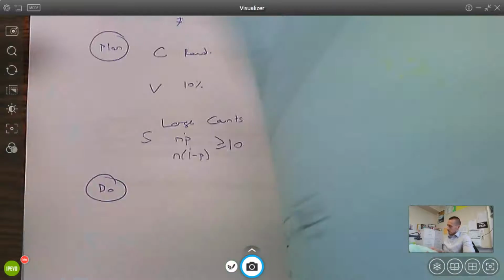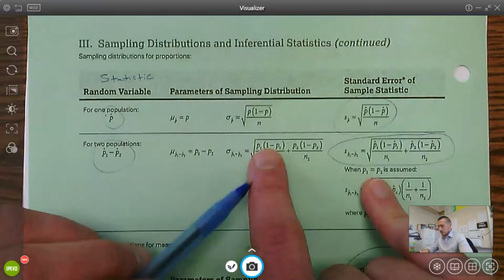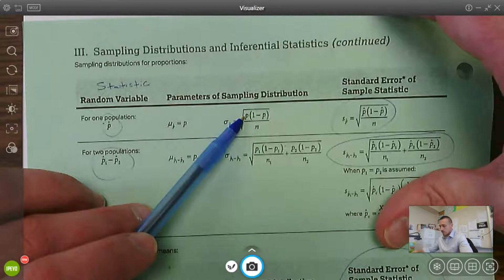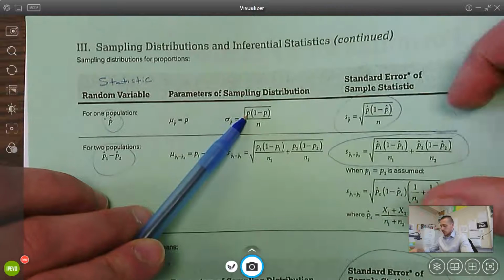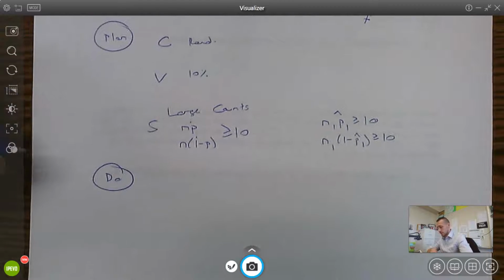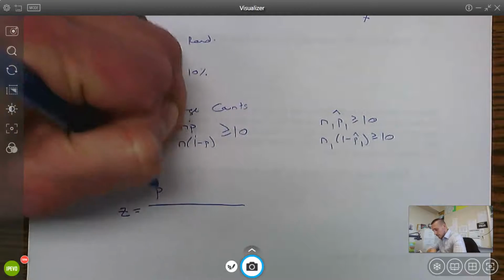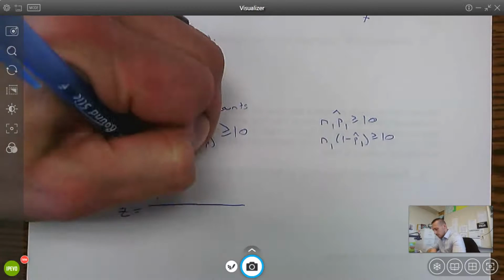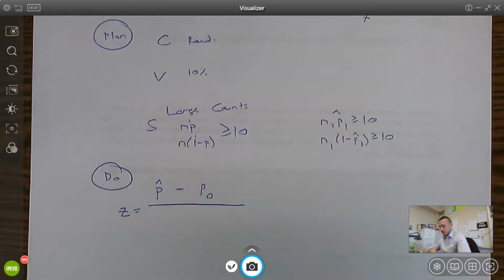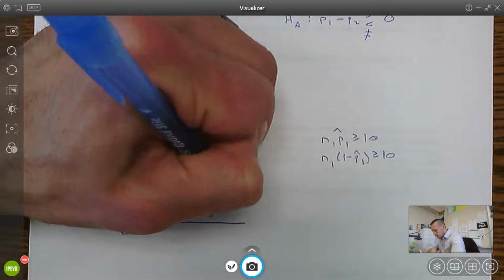But you'll notice here, we're actually going to use the standard deviation because we have a claim for p. So this is going to be slightly different for the 1 proportion Z test. Z equals the statistic, my sample proportion, minus P null, whatever that value is from the null hypothesis.